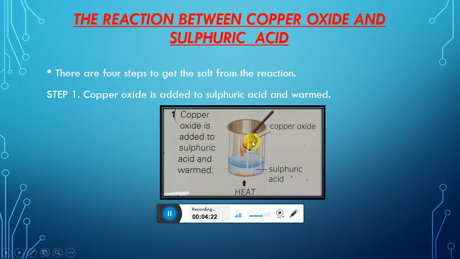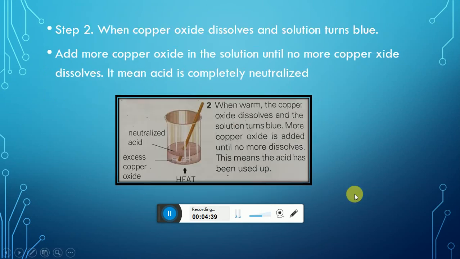In step 2, when copper oxide dissolves in the sulfuric acid solution, keep in mind, the solution turns blue.